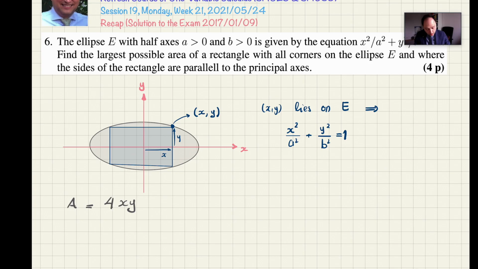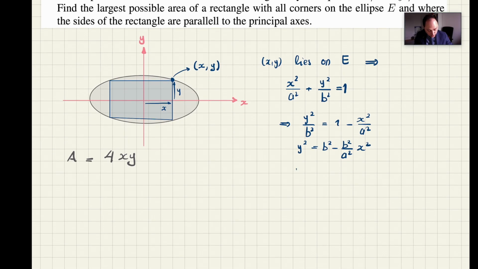So I go back to this equation. I will try to find y squared. I want to eliminate y in favor of x, so it becomes 1 minus x squared over a squared, and I multiply both sides by b squared. And then I take the square root.